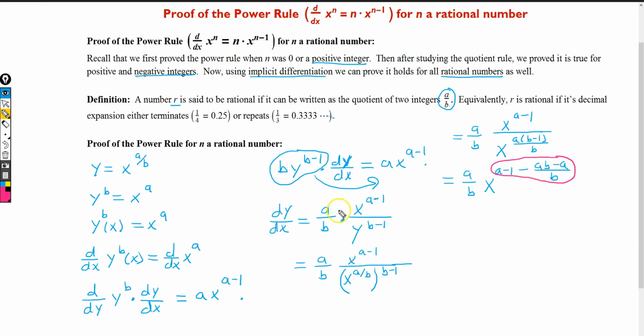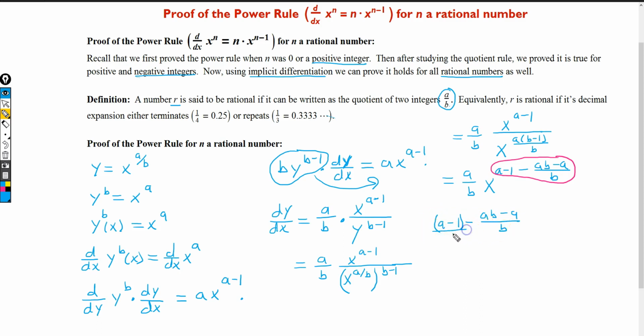So let's note that we have a minus 1 minus ab minus a over b. Now we cross multiply.